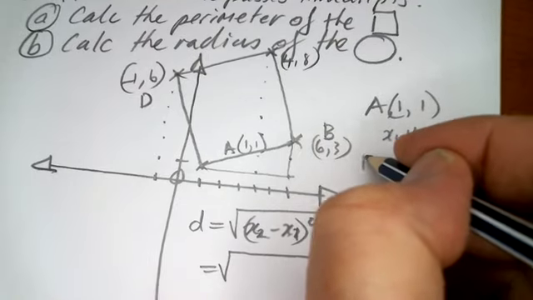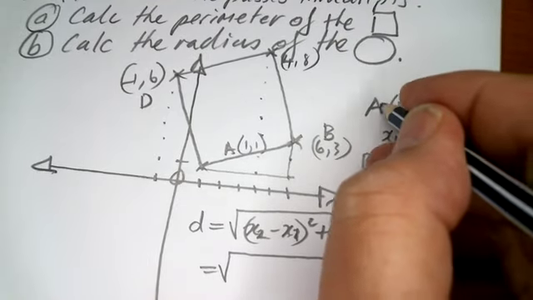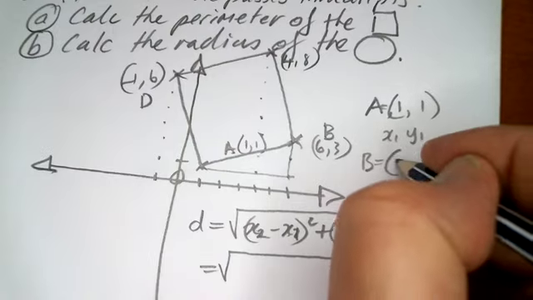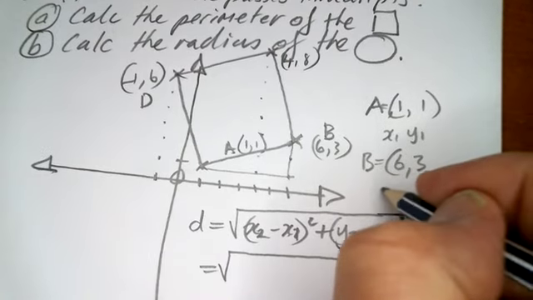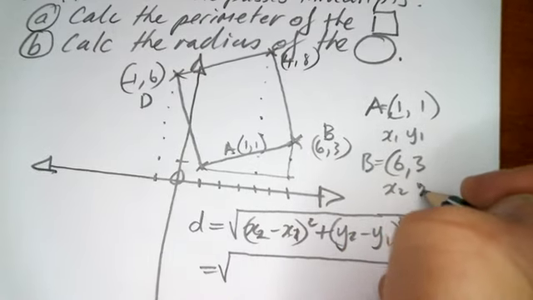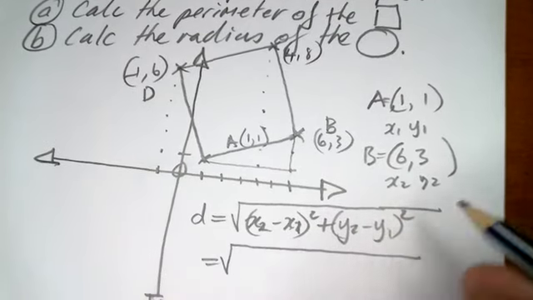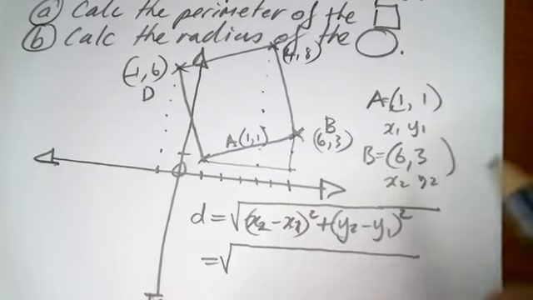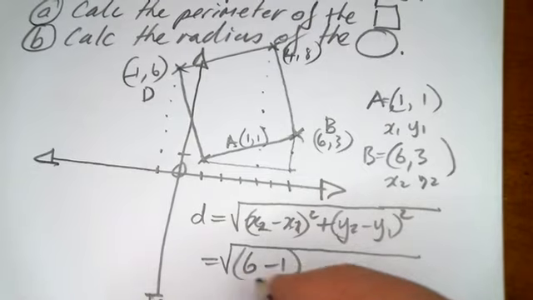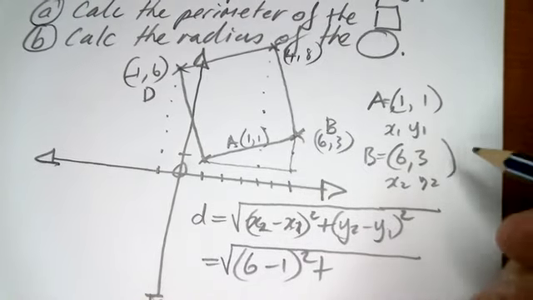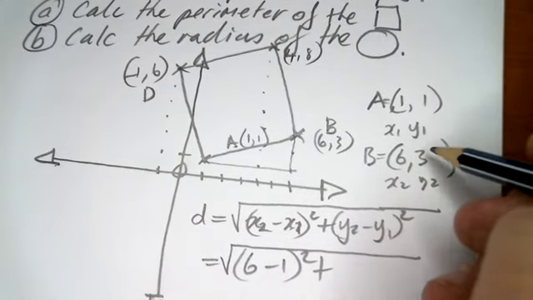B is 6 comma 3, and I'm going to call this x2 and this y2. So let's throw those in. We've got 6 minus 1 all squared plus the y's, 3 minus 1 all squared.